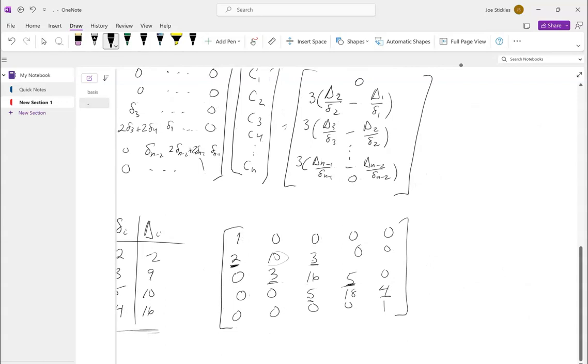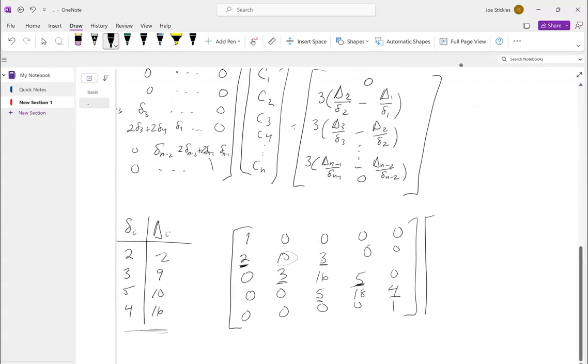So in this problem, I write this as a matrix equation. Again, first one is going to be 0. Last one's also going to be 0, right?